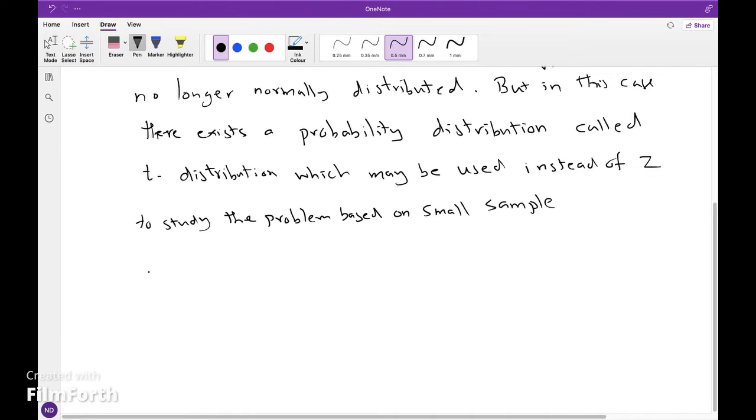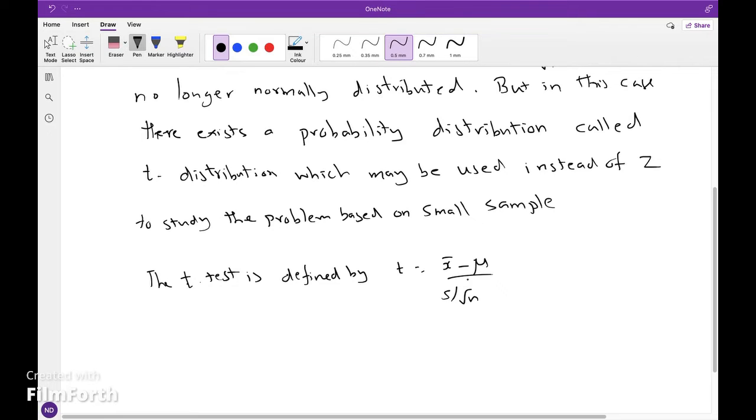The t-test is defined as t equal to x bar minus mu by s by square root of n. Here x bar is the sample mean, mu is the population mean, s is the standard deviation of the population, and n is the sample size.